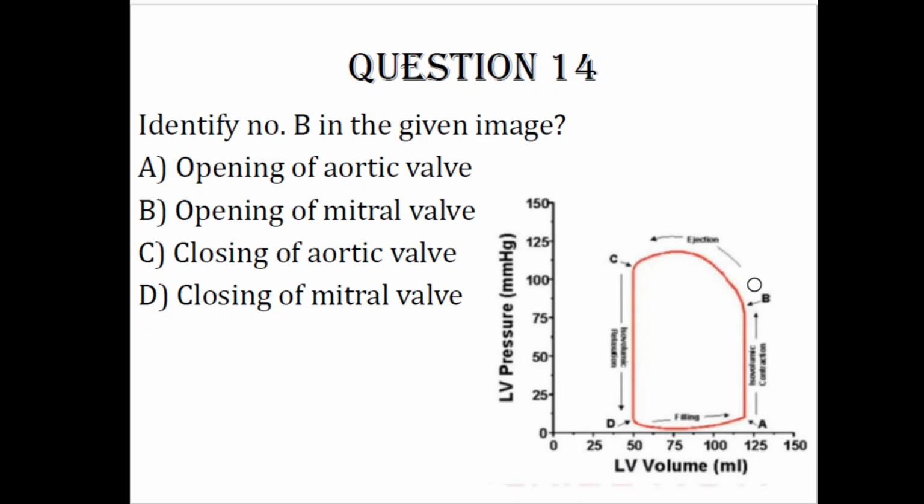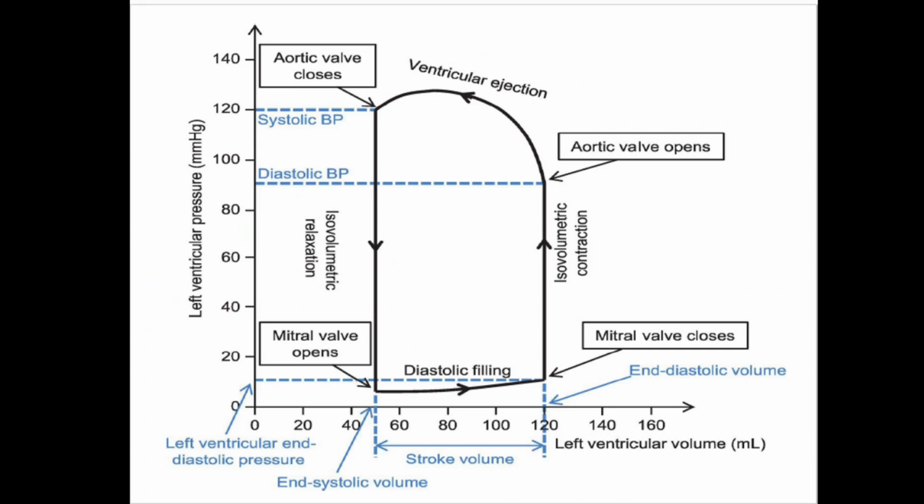What is this? Now we will start with this amazing image of the pressure volume curve. I always start here, with the end systolic volume. Now here is the diastolic filling, the mitral valve has opened, the blood is coming into the ventricles, and because of increased pressure in the ventricle, the mitral valve will close.